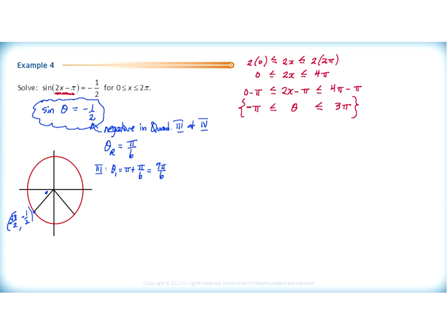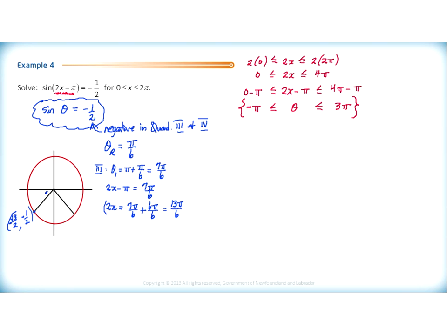However, we need to replace theta with 2x minus pi in order to solve for x. So we have 2x minus pi equals 7 pi/6. We will add pi to both sides of the equation. So 7 pi/6 plus pi is the same as 7 pi/6 plus 6 pi/6. So that's equal to 13 pi/6.